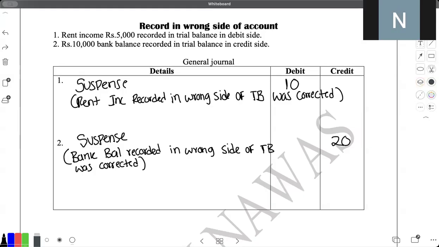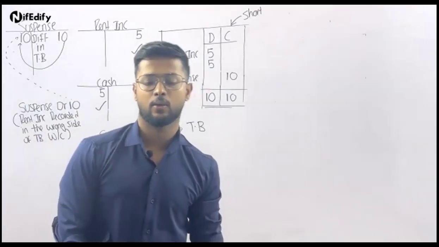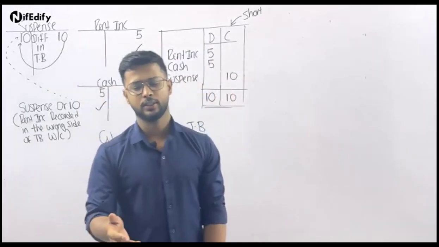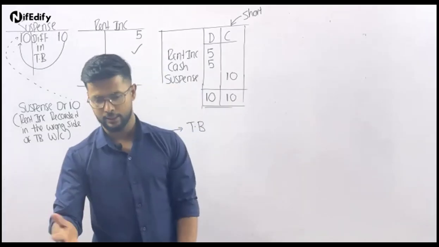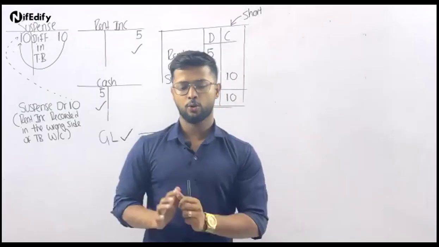There you go. That brings us to the end of errors. We are almost done with all the adjustments in error. We have a small part left called errors when closing the account. You don't need that. Trust me, you don't need that. You are now just good to go with the questions.